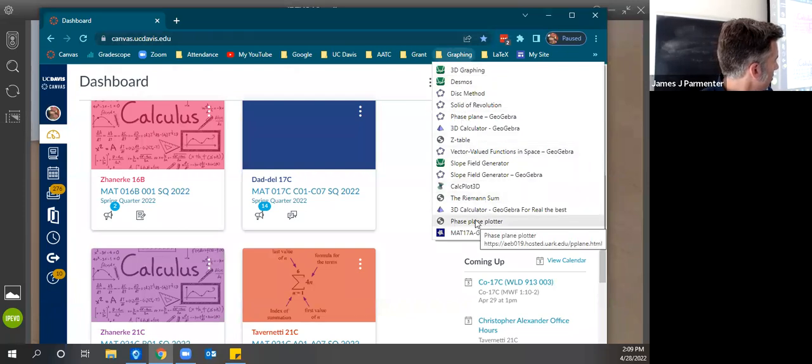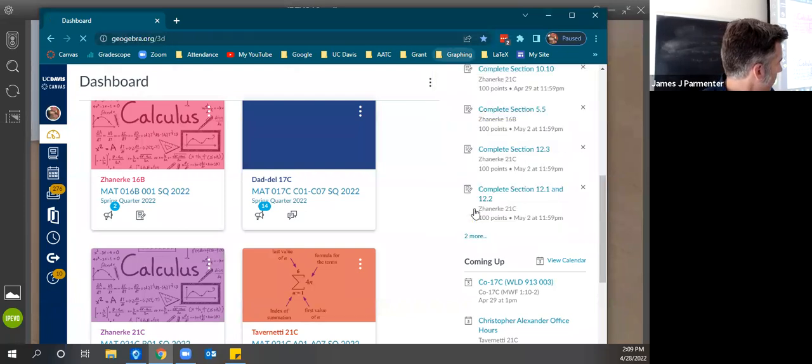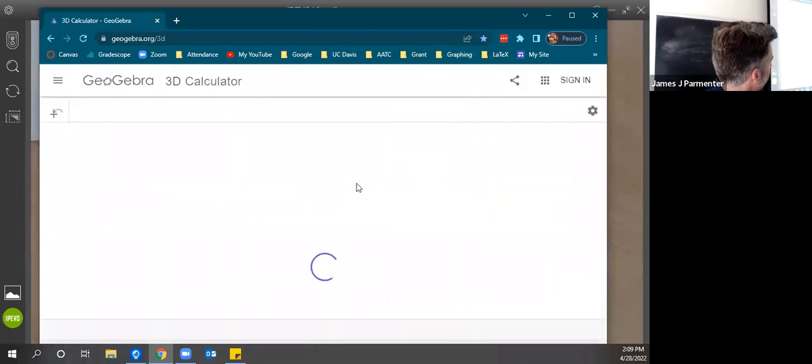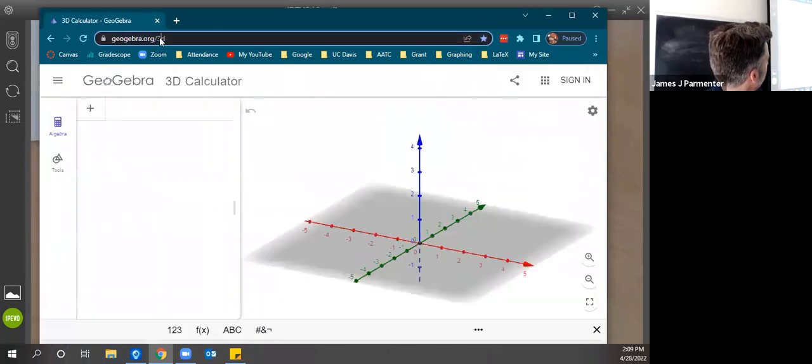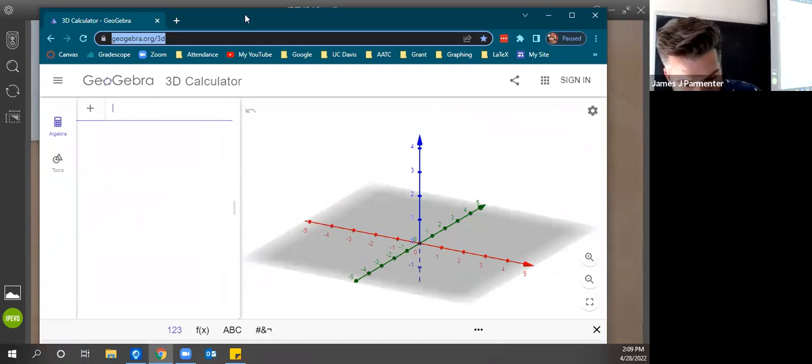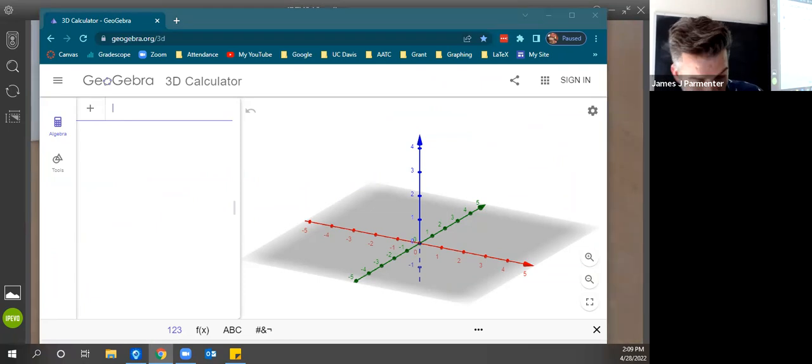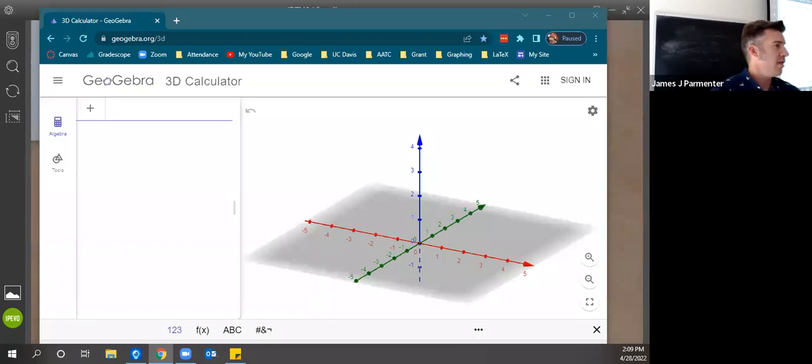I had two different links to it, and this other one doesn't always work well. So this GeoGebra 3D thing, definitely a good place to go if you want to see what something looks like. So if you're trying to graph a thing and it's kind of wonky, play around with this. It'll help you see what things are.